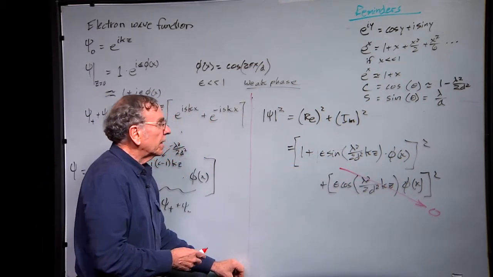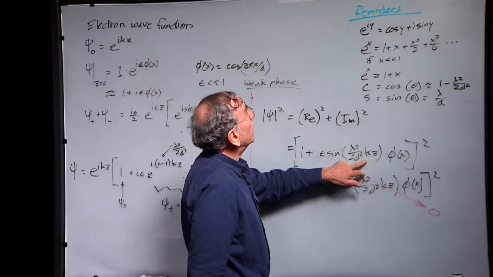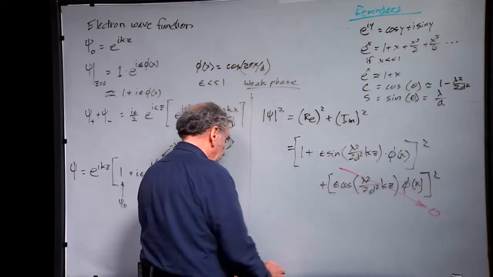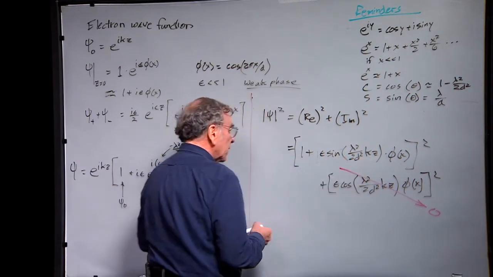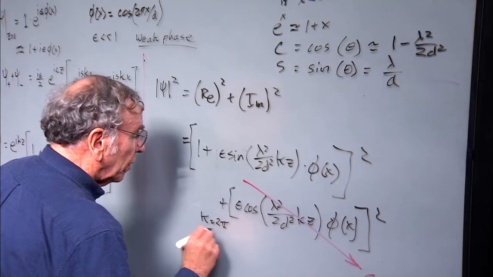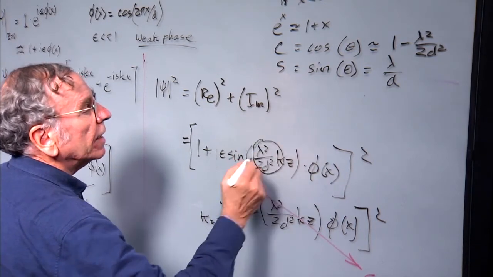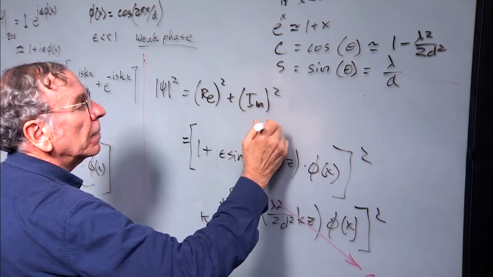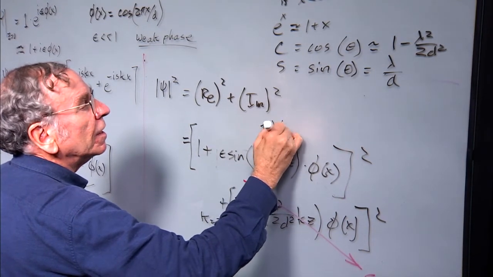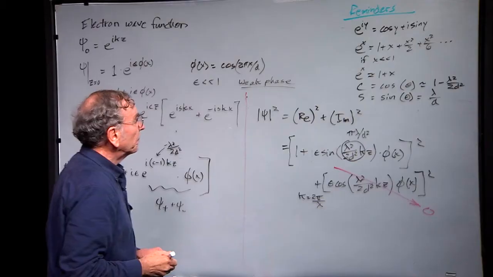The other thing that we can keep in mind is, remember, k is 2 pi over lambda. So we have k equal to 2 pi over lambda, and that means that this whole thing is equal to pi lambda over d squared, and that's all multiplying z.